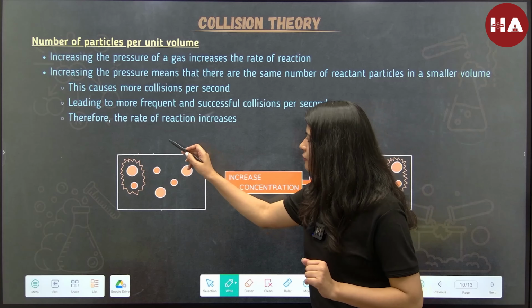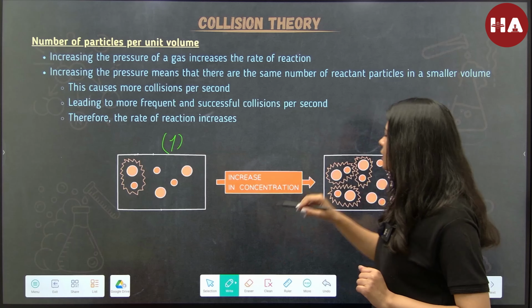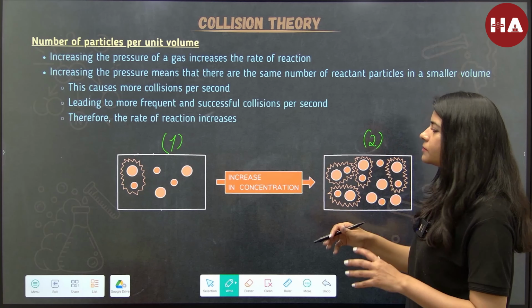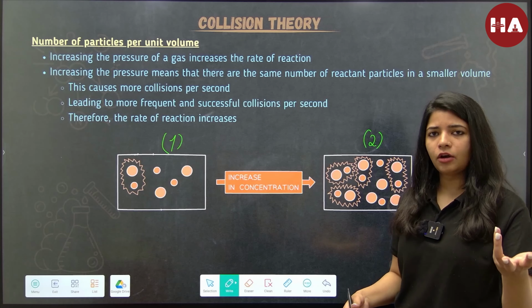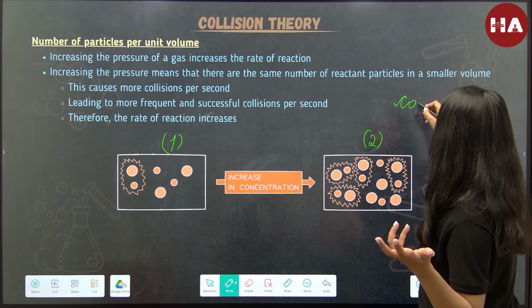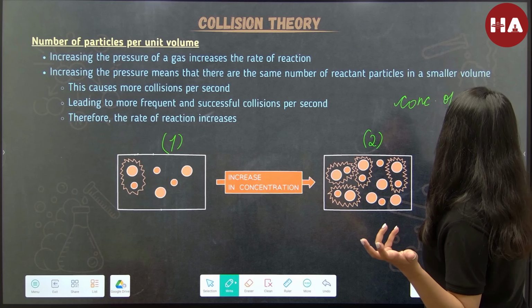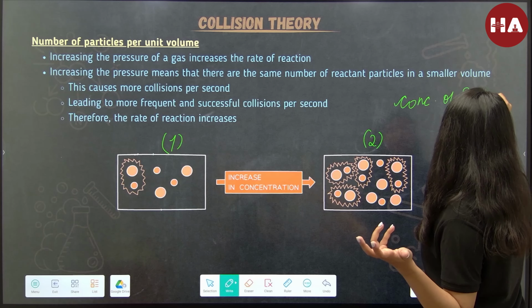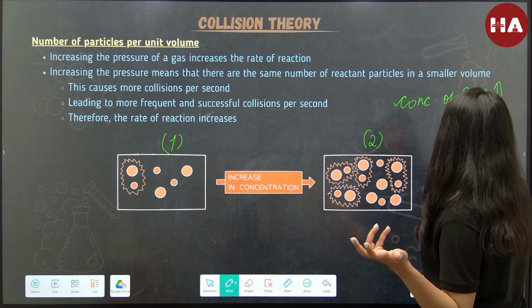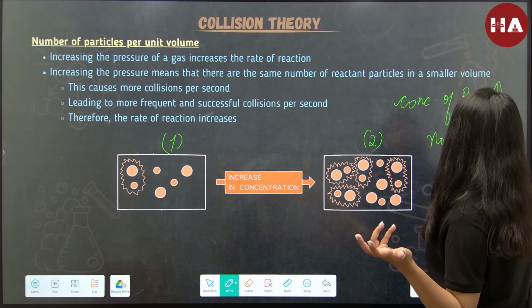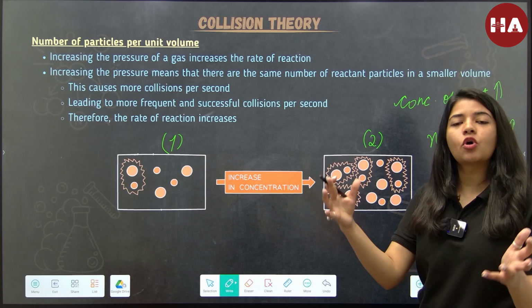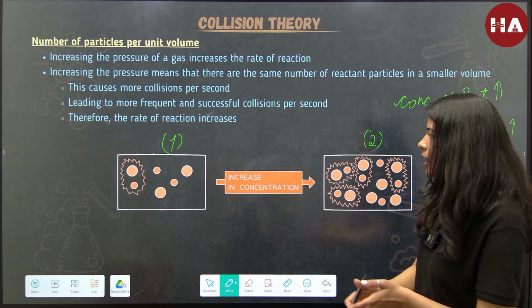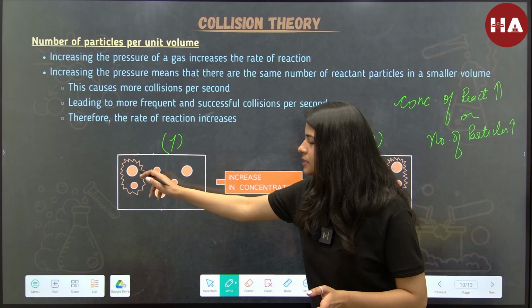If you have, for example, beaker number 1 and beaker number 2, the beaker in which the number of particles is greater, or I can say the concentration of reactant is greater, there are more chances of their colliding, right? For example, over here only these are colliding.